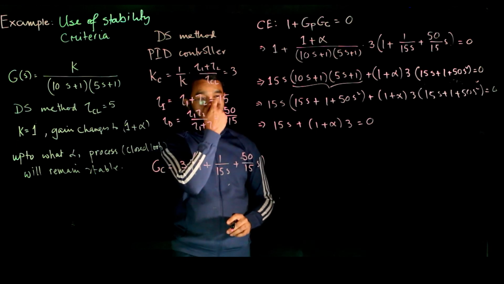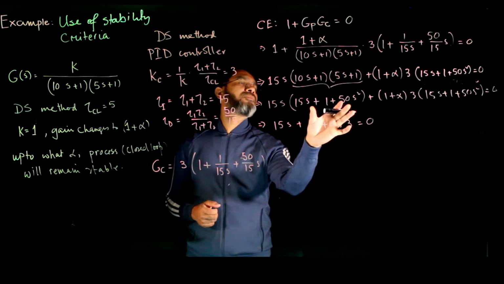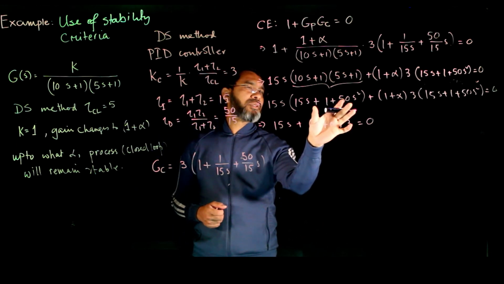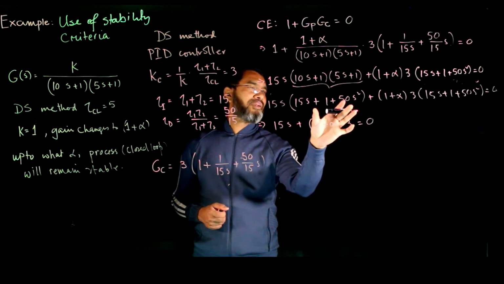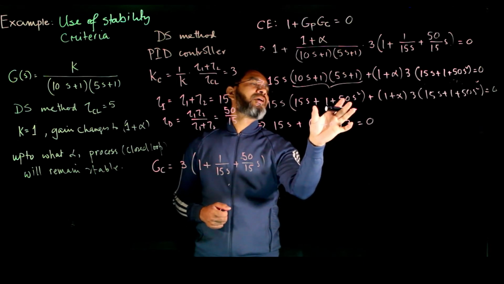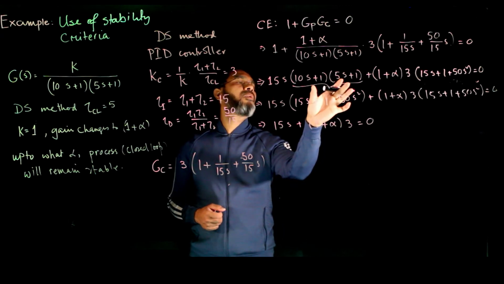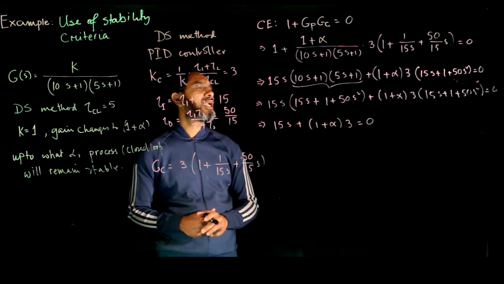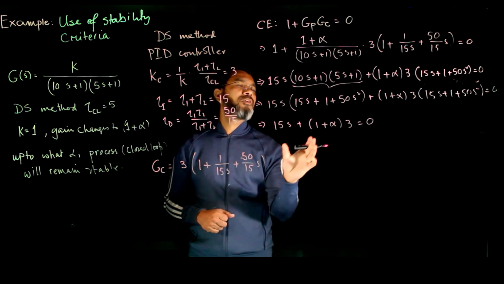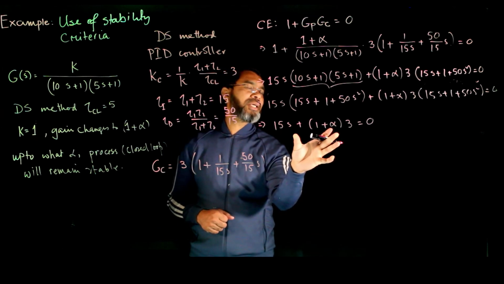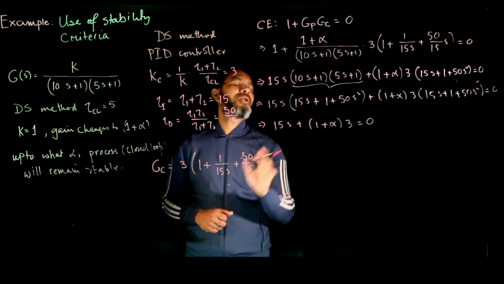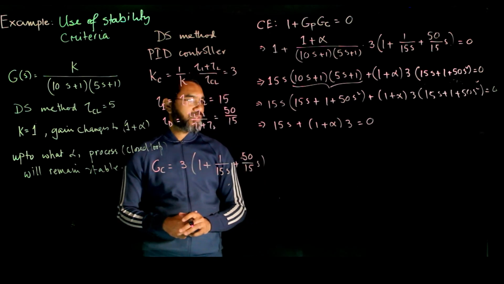Do remember that the other part becomes irrelevant for this case simply because that one has already 2 poles which will be negative, so that part is stable anyway. We need to figure out for this part that contains alpha, for which value of alpha it will remain stable.